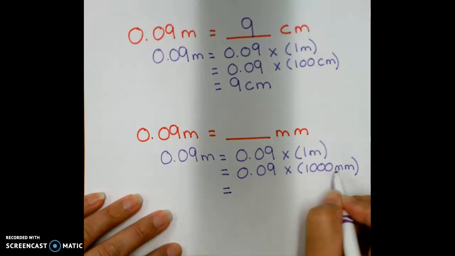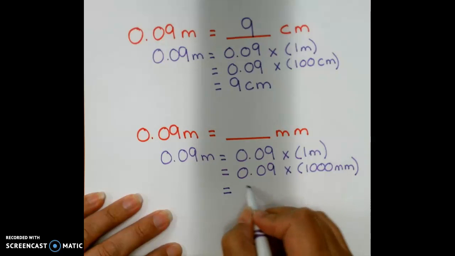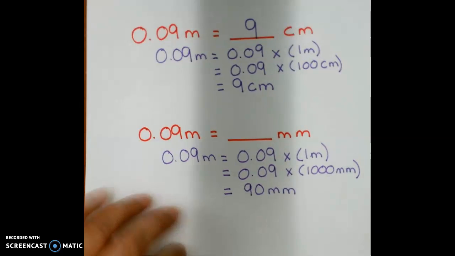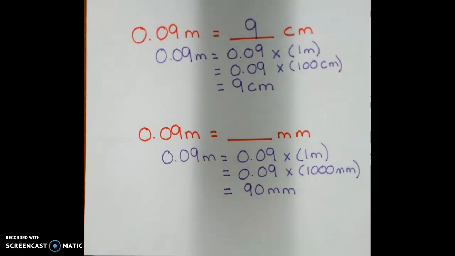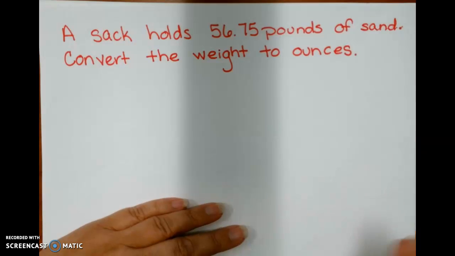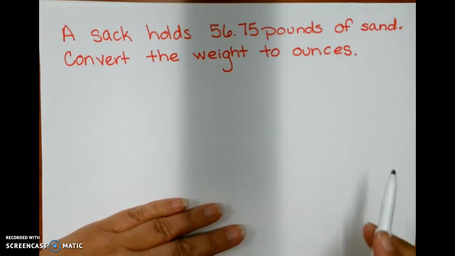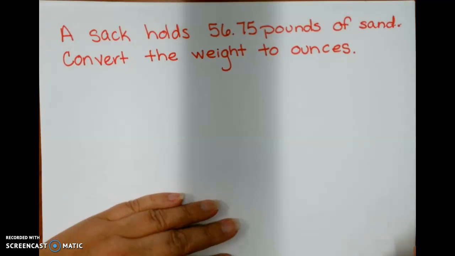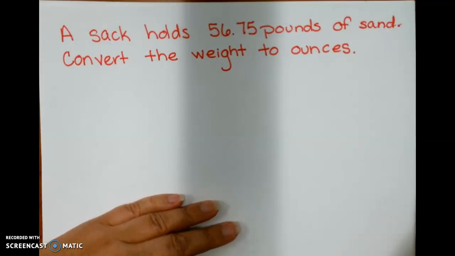So 1,000 times 9 hundredths gives me 90 millimeters. Okay, so hopefully you see the pattern here. Now, I don't know if you've noticed, but the metric conversions are pretty easy because we multiply and divide by 10, 100, or 1,000. The standard conversions, or what we're used to, pounds and ounces and things like that, are a little more difficult because we have to use other numbers.